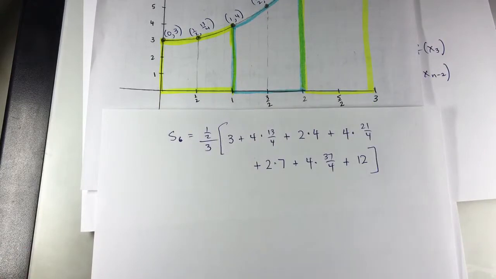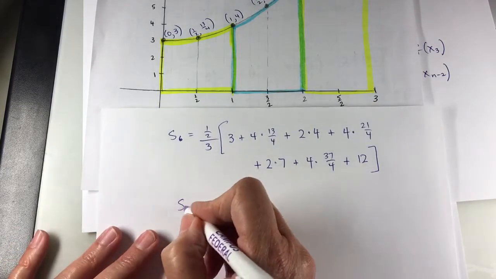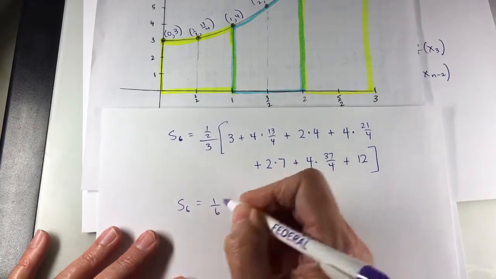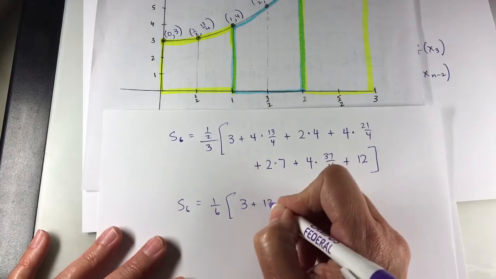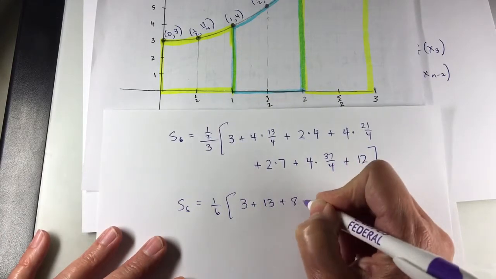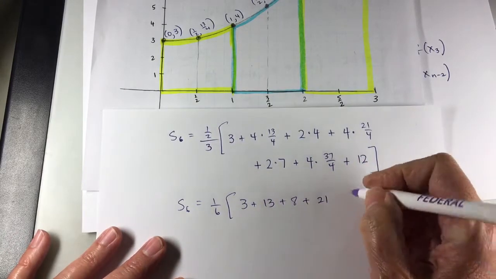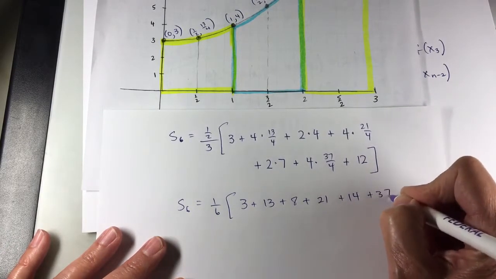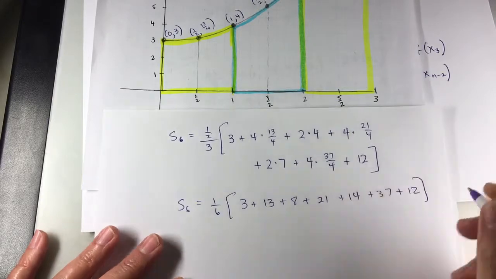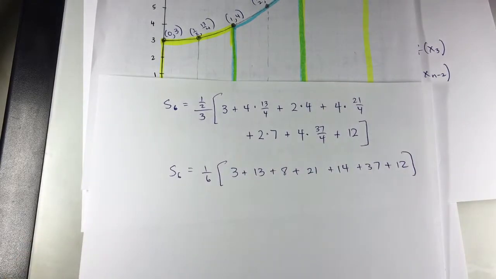Well, this isn't going to be nearly as bad as I thought it'd be, because a lot of this is going to reduce pretty quick. 1/6 times 3 plus 13 plus 8 plus 21 plus 14 plus 37 plus 12. Somebody got the answer yet? 18, thank you.